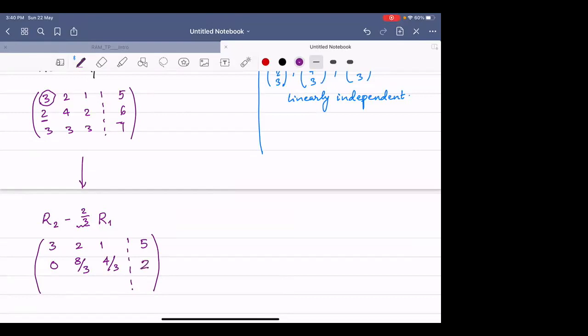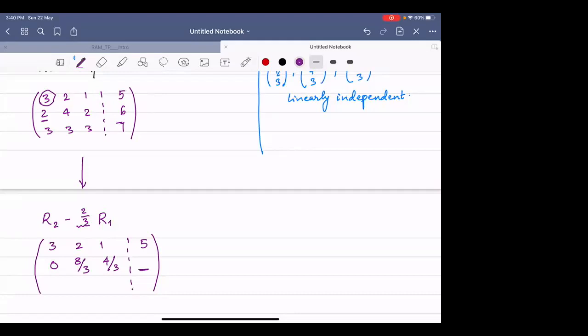And this is 2. Is that right? Yeah, it's true. What do we have here?